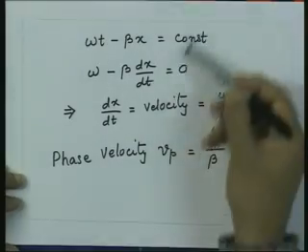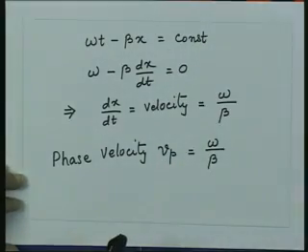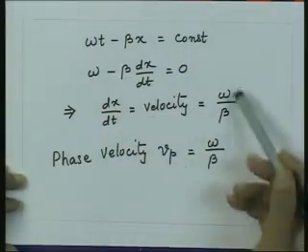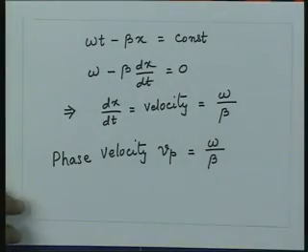In fact, for a traveling wave this is very straightforward. So I get a relation which is like this. However, the concept of phase velocity can be extended to any arbitrary wave propagation. For example, suppose I have two waves traveling in opposite directions, which form a standing wave.